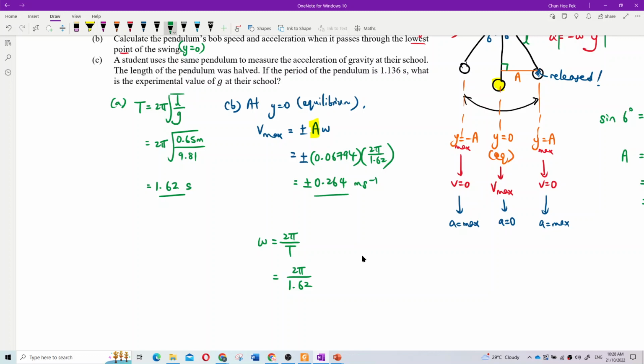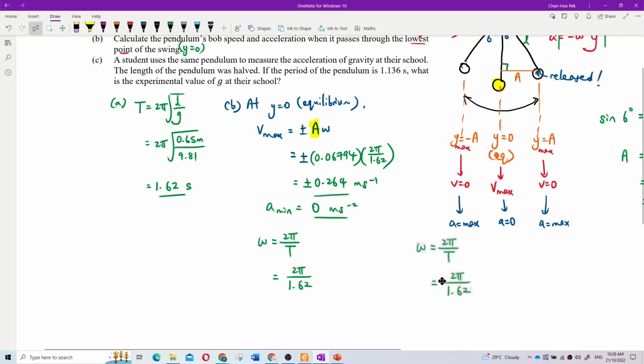Okay, is that correct? And then the acceleration is at minimum, which is 0, because at equilibrium. So 0 meter per second square.